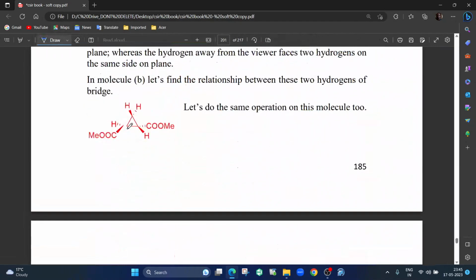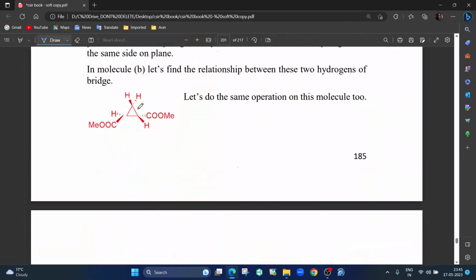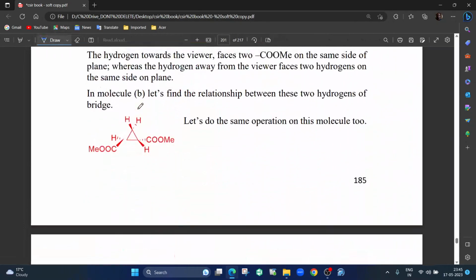Now let us look at this molecule. These two hydrogens are actually enantiotopic. Otherwise also, if you just look at this hydrogen, on its own side it is finding one COMe and one H. On the other side, it is finding one H and one COMe. Similarly, this hydrogen, because it is coming outside the screen, please understand, solid line means it is coming towards the viewer.